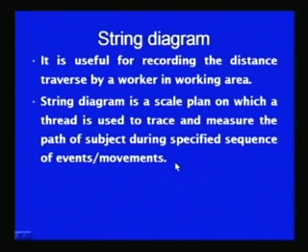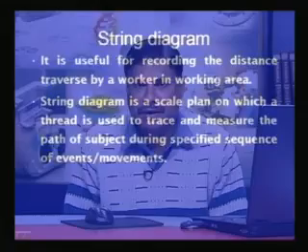So, here a scale plan of the work area is developed, and on that scale plan threads are used to indicate the different paths and the distances moved by the subjects in course of production, and also to measure the distances covered in a particular sequence, in the order in which these movements are taking place.